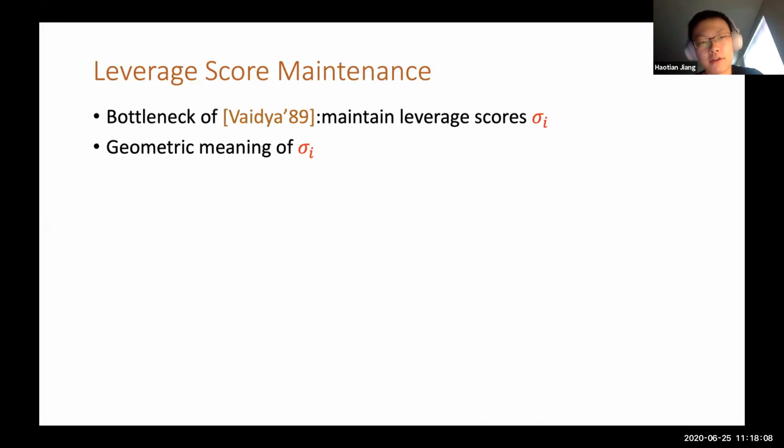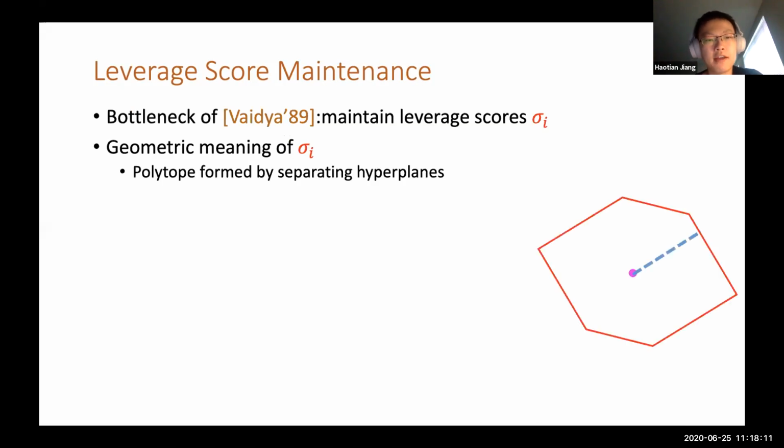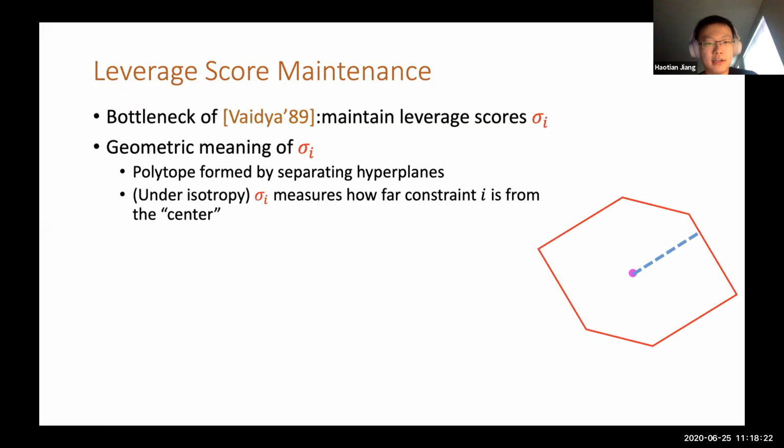I'm not going to give a formula, but geometrically, think about the polytope we maintain using the separating hyperplanes; this polytope contains our target set K. If this polytope is sufficiently rounded or isotropic, although that's not the precise use of words, then these leverage scores sigma_i roughly measure how far constraint i is from the center of the polytope. So it roughly measures how important each constraint is.